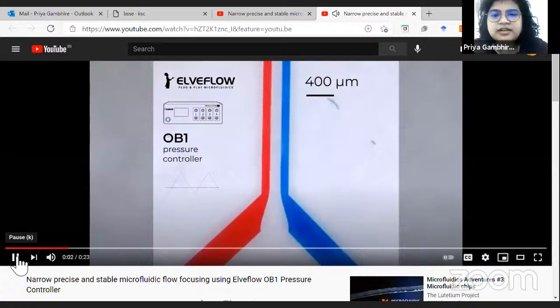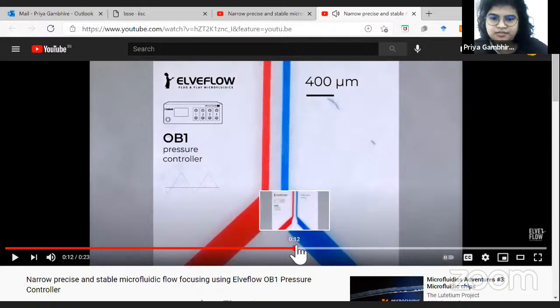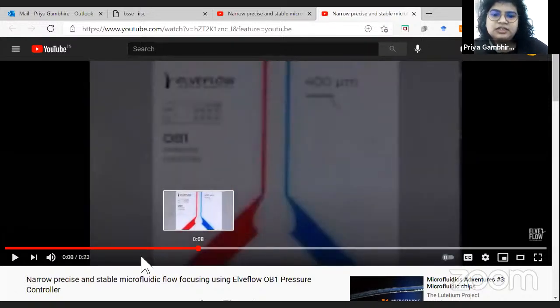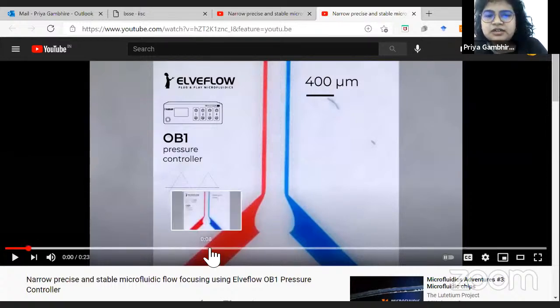Okay. So you can see that there are red and blue streams that are growing and contracting. Here is a microfluidic channel. Let me just go to the beginning. Okay. Now we have this red. Can you see a diagonal channel over here where my arrow is pointing? Yes, ma'am.